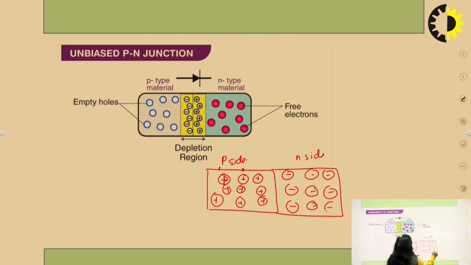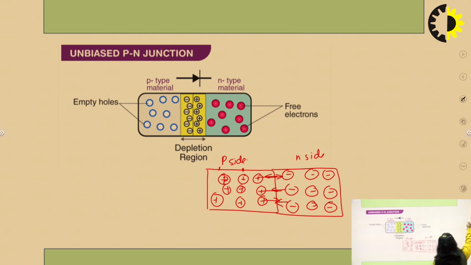Now as the electrons and holes are combined, due to the normal electrostatic attraction force, the electrons will start moving towards this side and the holes moving towards this side, and they will start recombining very fast.